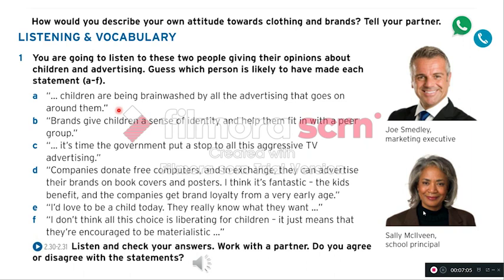Companies donate free computers, and in exchange, they can advertise their brands on book covers and posters. I think it's fantastic. The kids benefit, and the companies get brand loyalty from a very early age. I'd love to be a child today. They really know what they want, and they have so many more choices. Advertisers respect children's opinions.